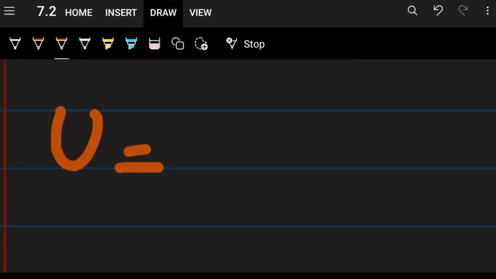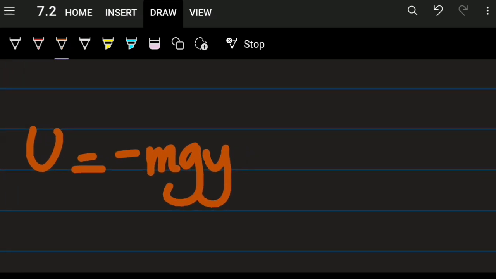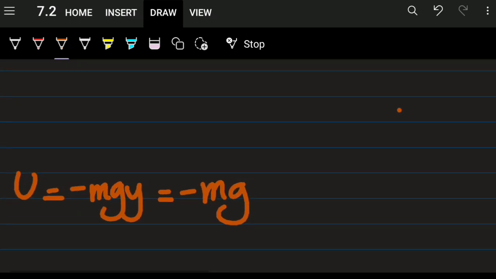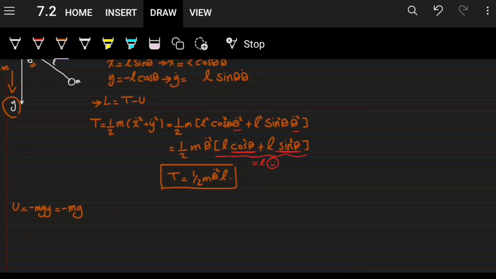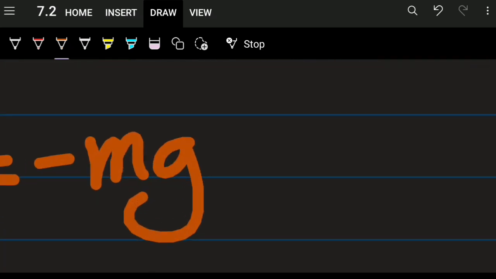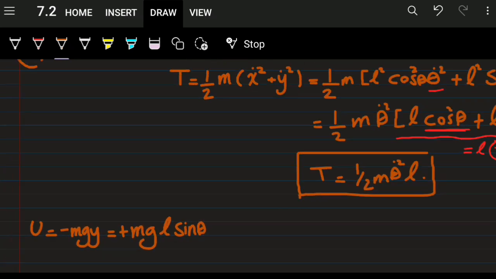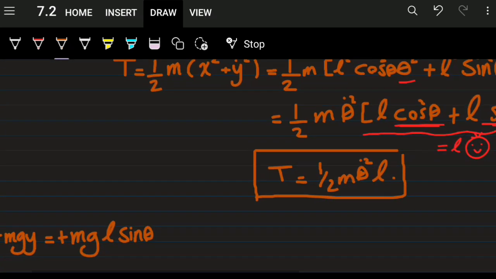Now the potential energy, U, is minus m g y. Substitute y. mgL sine theta, no, cosine theta.